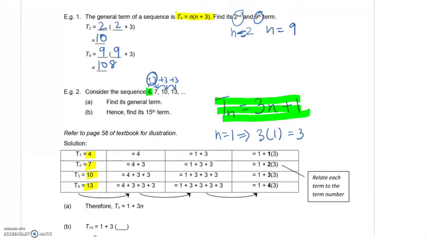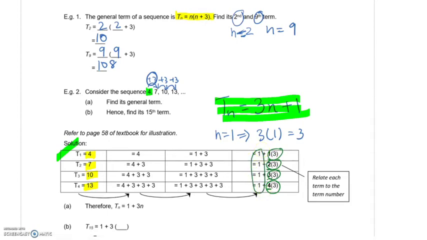This is an alternative method to the one being shown over here. In this case, they're splitting it up, and they observe that there is a number that is changing, which is multiplied by 3. In the first term, you have 1 times 3, second term 2 times 3, third term 3 times 3, fourth term 4 times 3. This number is changing, while the number 1 is a constant throughout.